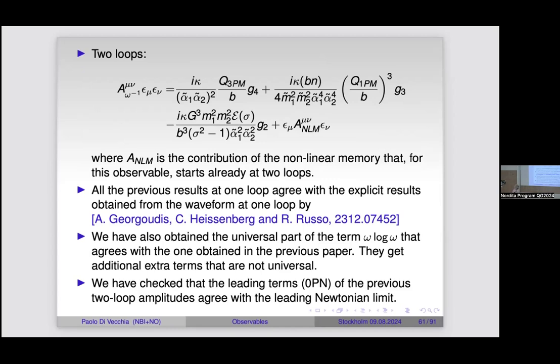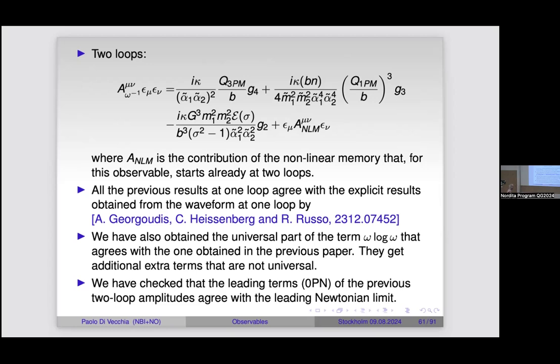The nonlinear memory is something where you have to consider emission of a graviton from another graviton, which is not included in this calculation. All the previous results at 1 loop agree with the explicit result obtained in this paper. And we obtain also the universal part that agrees with this paper.